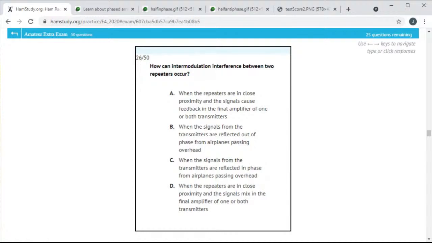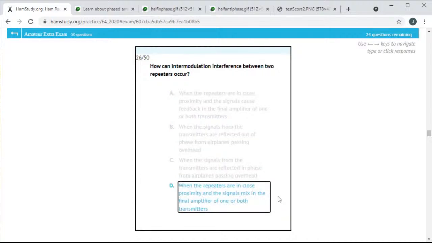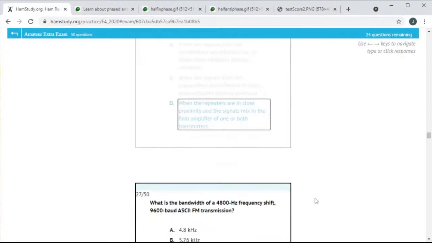D, when repeaters are in close proximity and signals mix in the final amplifier of one or both of the transmitters. Okay, it's A or D, and I'm going to go with D.